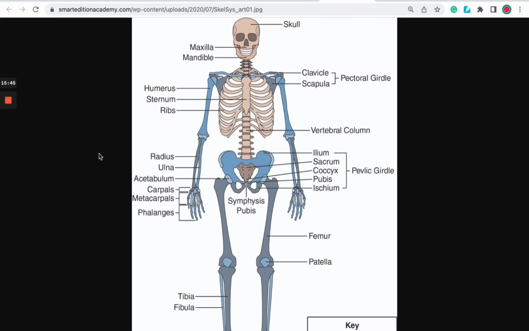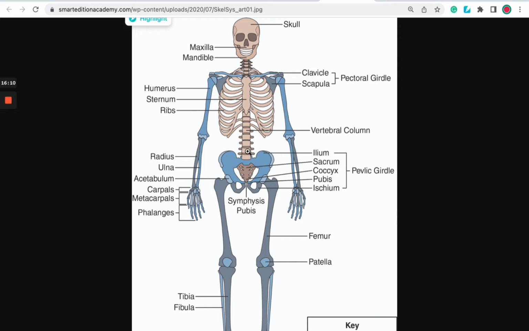If we look at this diagram of the skeletal system, anatomically, the skeletal system is divided into two major divisions. You have your axial skeleton and your appendicular skeleton. So your axial skeleton consists of bones of the skull, the sternum, the vertebral column, and the rib cage.